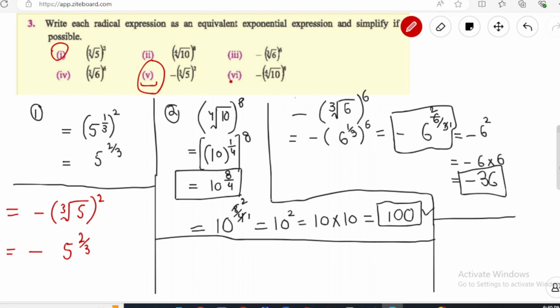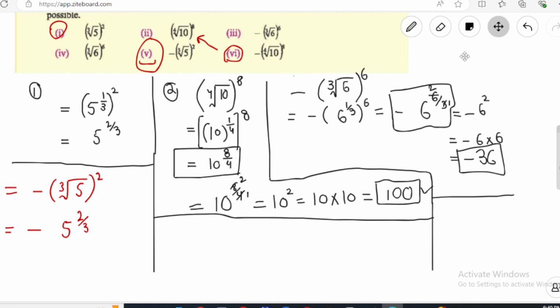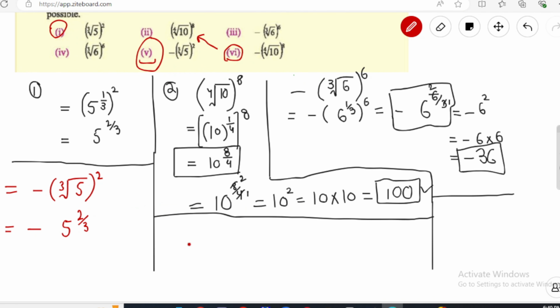Here there is question number 4, which is similar to question number 2, but the difference is that there is a minus outside this expression. So what will be the difference? That is quite easy. The difference is simply the minus sign. So minus 4th root of square root 10 raised to the power 8.